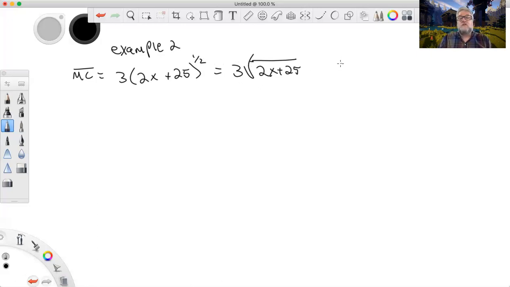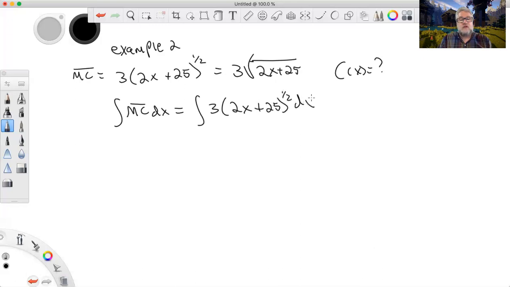And the question asks, what is C of x? Okay, so I have a derivative. I can integrate it to get the original function. So I'm going to take the integral of the marginal cost function, so it's the integral of 3 times 2x plus 25 to the 1/2 dx.